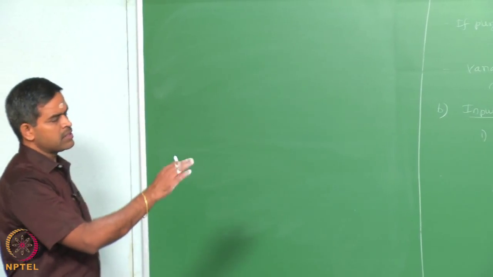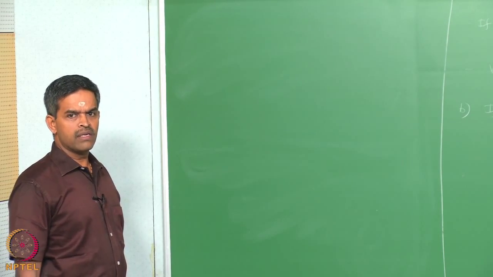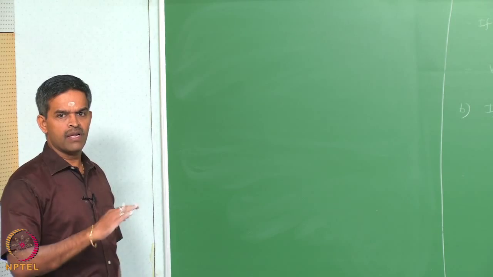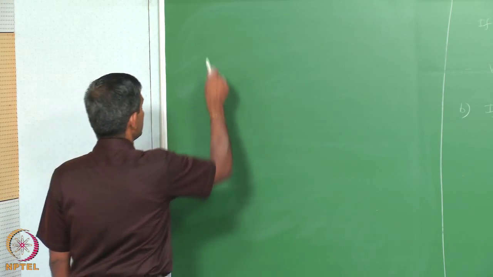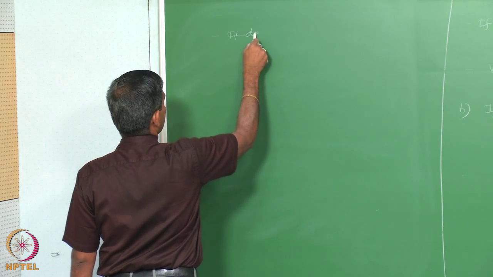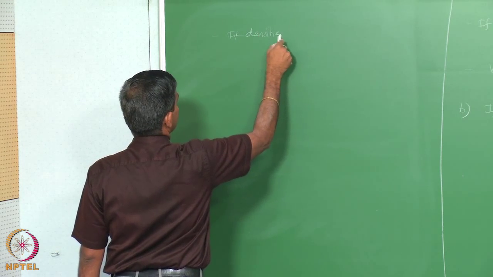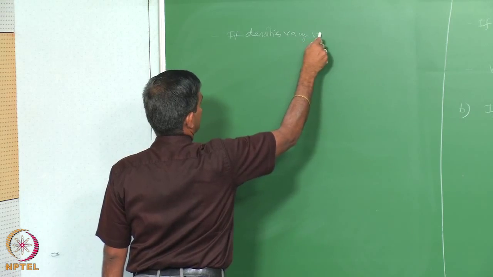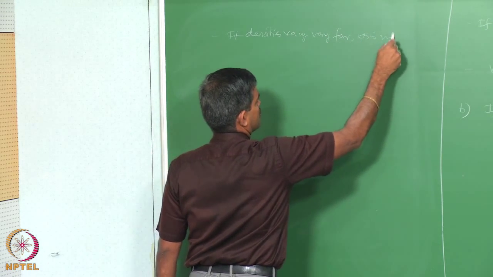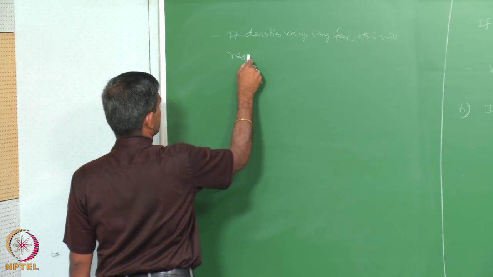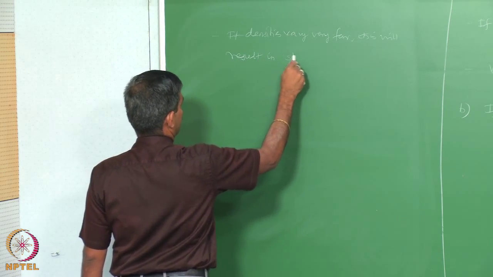If you have a combination of this order, this will cause the inert gases to stratify and remain in a layer at the bottom of the chamber filled with natural gas. So, one can say if the densities vary very far, this will result in stratification.